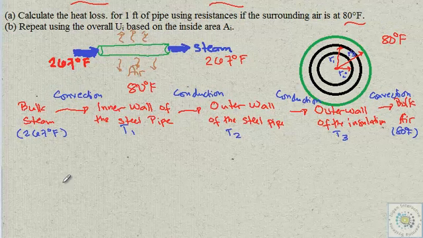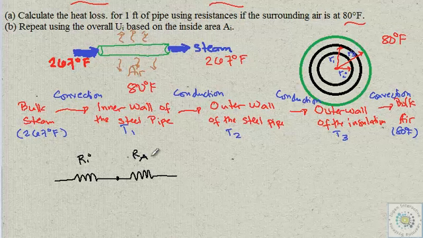It seems like we have five resistances. The resistance to convection, we call that Ri. The resistance from the center to the surface, we call that Ri. And then the resistance from the inner steel pipe to the outer steel pipe, let me call that Ra, the resistance through the steel.